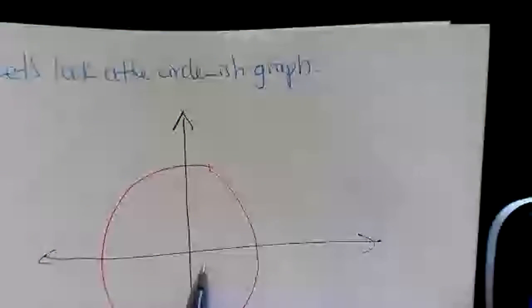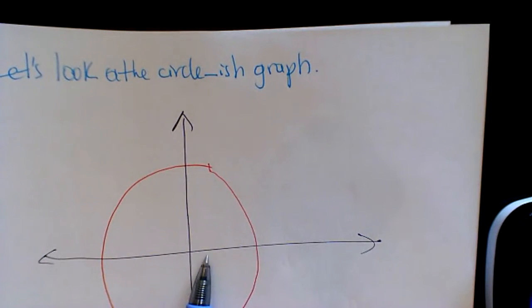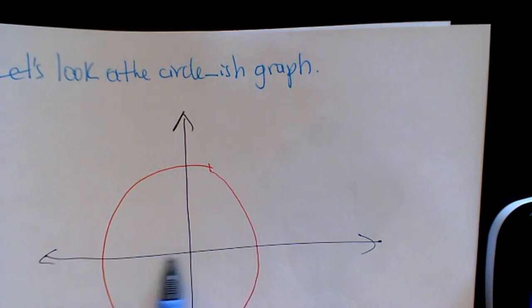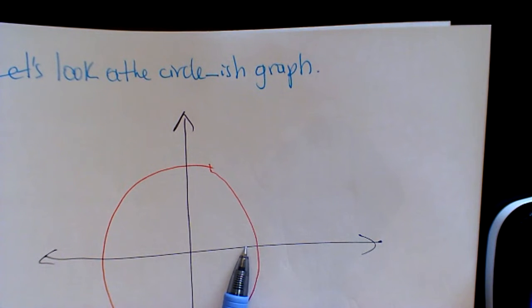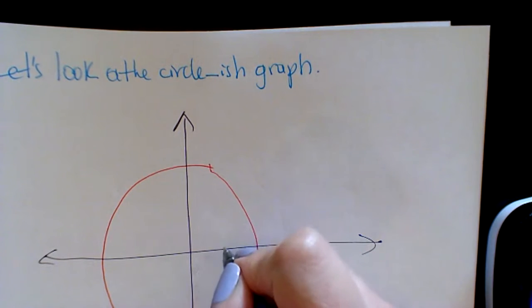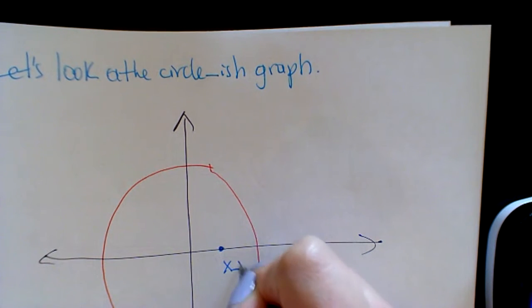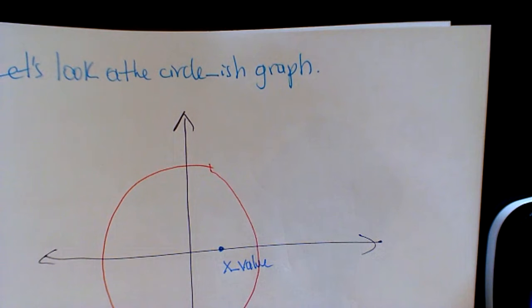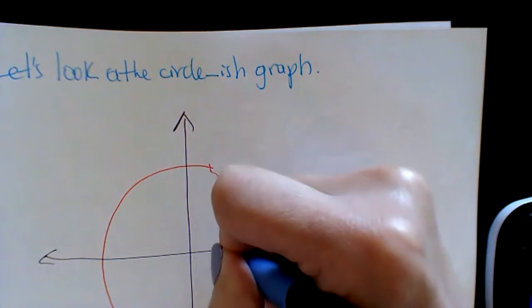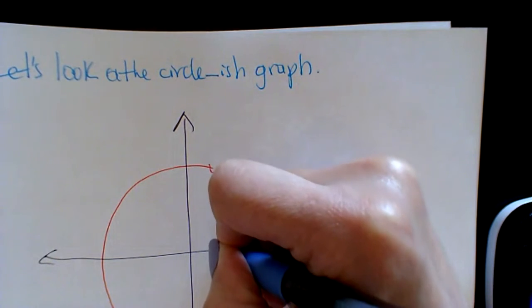Then if we choose an x value along the x axis, let's say this is the x value, you will notice two things. First, the x value relates to two different y values on the circle graph.